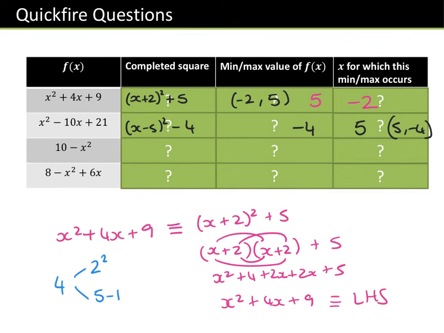So, 10 minus x squared, how am I going to solve that and find the minimum or the maximum? Okay? Realistically, this is in completed the square form already because we have no coefficient of x.